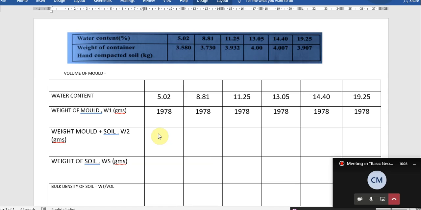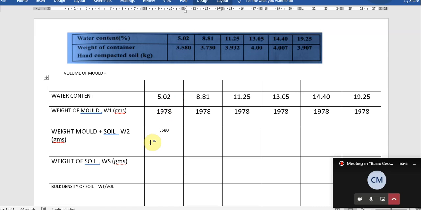Okay, next step, weight of the mold plus soil. It is also given in the question. For each trial, the weight of the mold plus soil is given. So write it down in terms of grams. For the first trial, it is 3,580 grams.